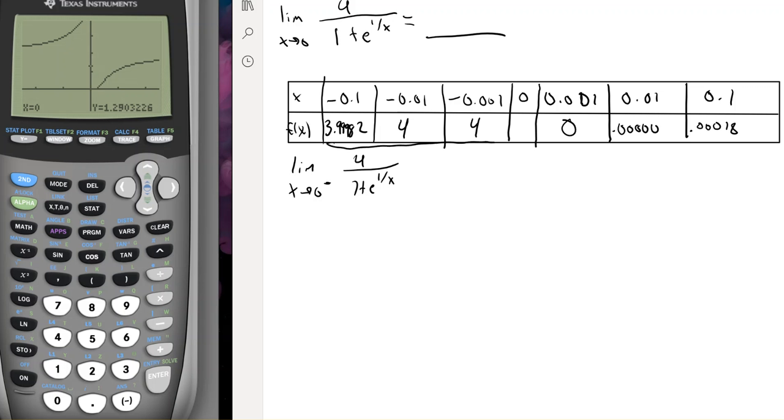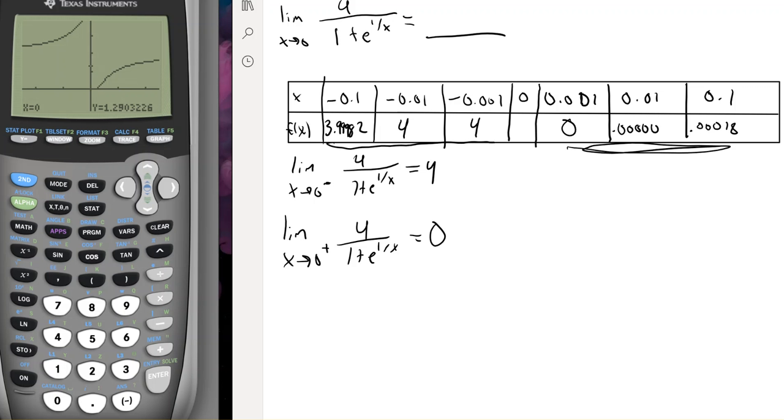That's what we saw right here. But the limit from the right side, and this does keep going right here, the calculator's just not graphing it very well. The limit as x approaches 0 from the right side of this gets closer and closer to 0, which is consistent with what we saw there.